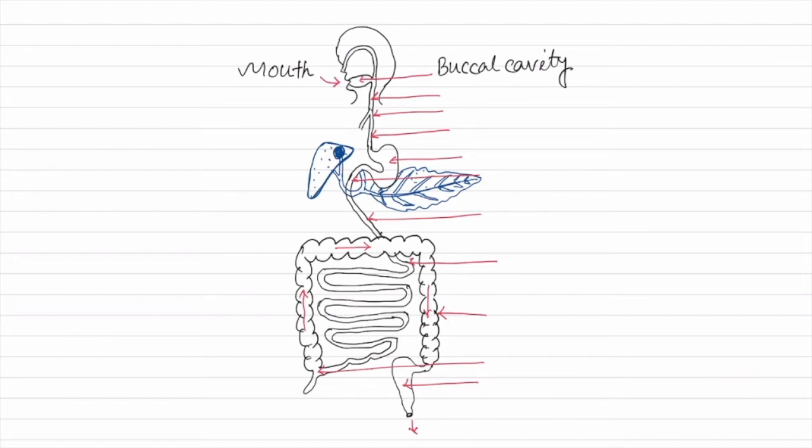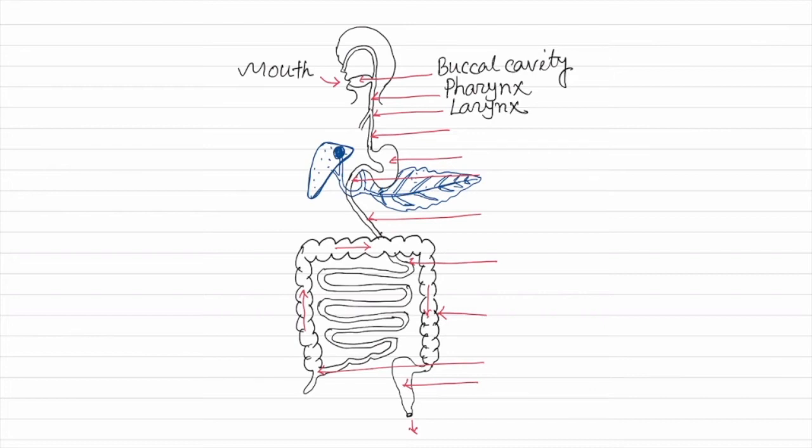The part that is common to the respiratory and digestive systems is known as the pharynx. The junction, or the divider, between the respiratory system and the digestive system is generally known as the larynx, L-A-R-Y-N-X.